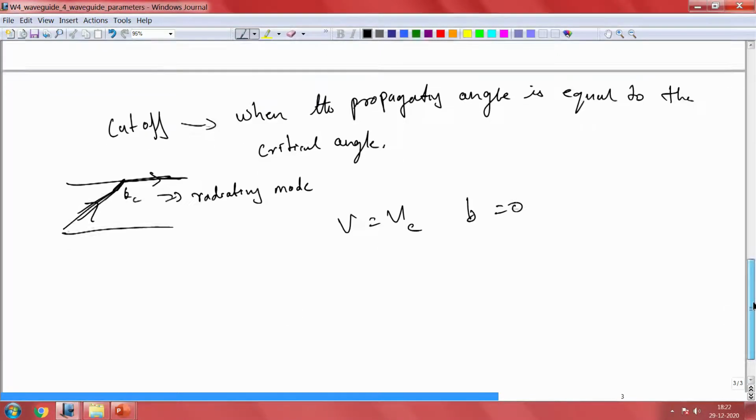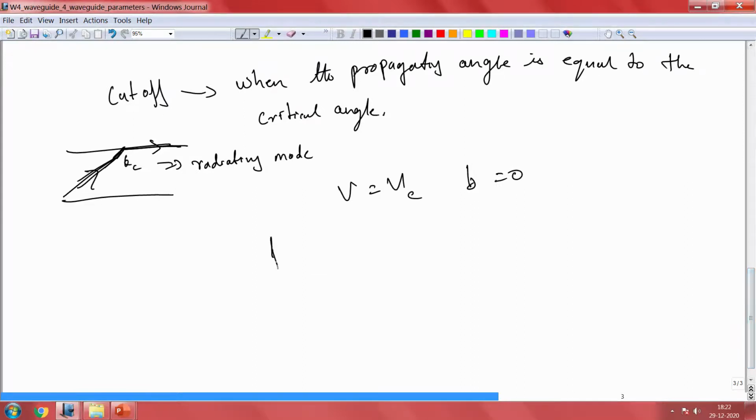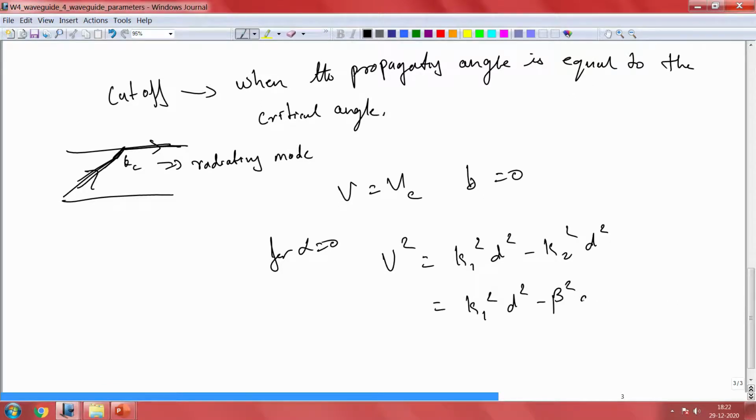So, let us see for alpha equals 0 how the V number is going to look, based on the condition that we have, and that is given by this.